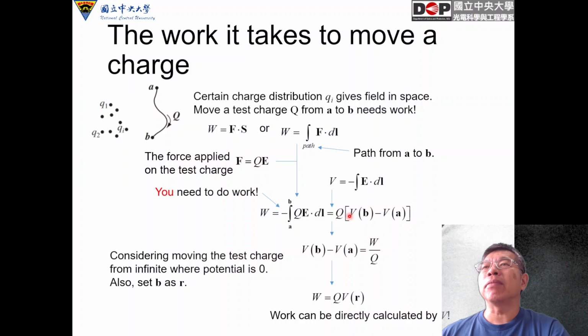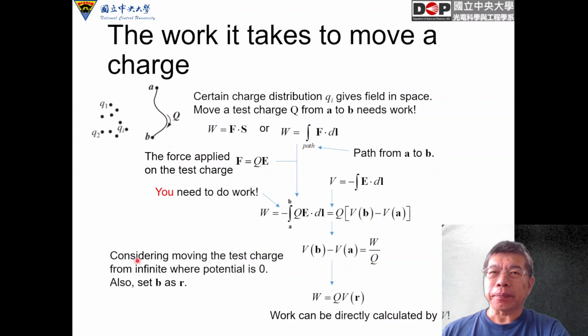Essentially, by combining these two, we know the total work done is the charge times the potential at the places, location A and location B. So the potential difference times the charge will be the work done by moving charge from point A to point B. Or the potential is the difference, the work divided by the charge.